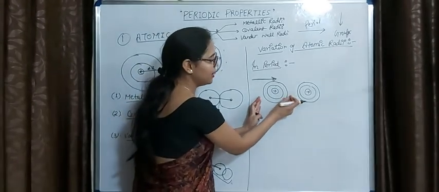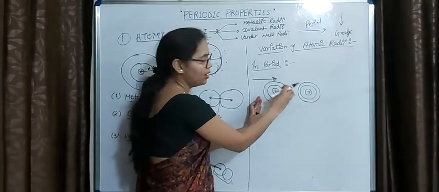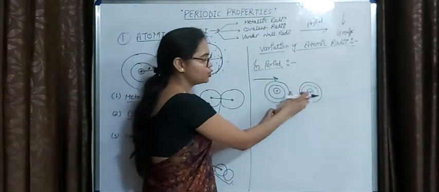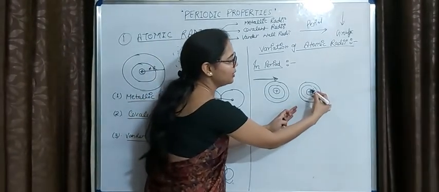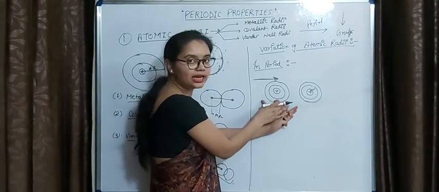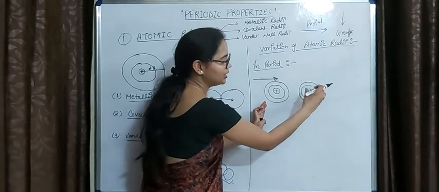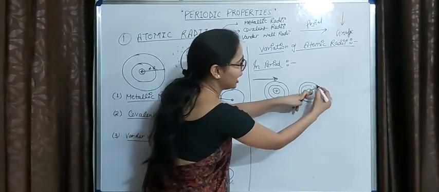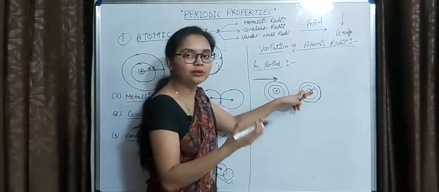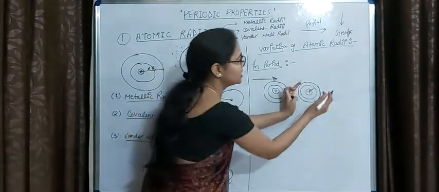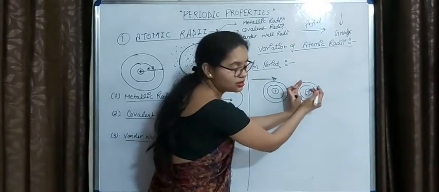This element has greater nuclear charge than the previous one, so the outermost shell will experience more nuclear force. That's why the size shrinks.